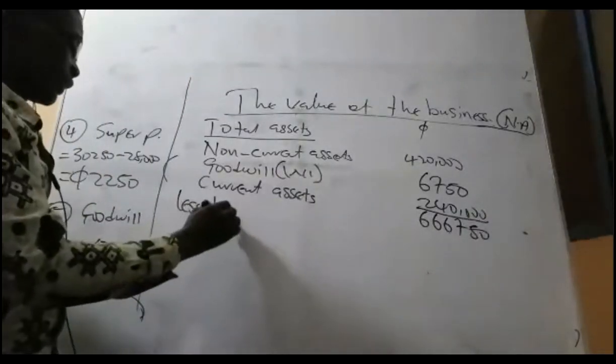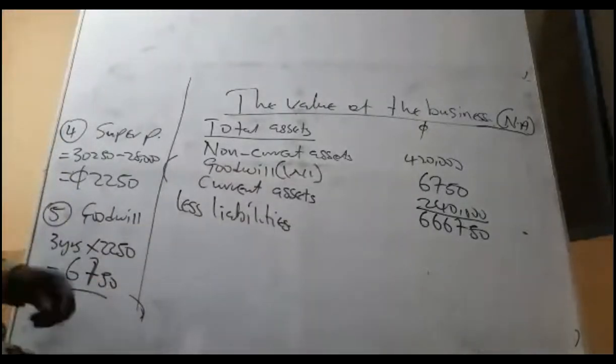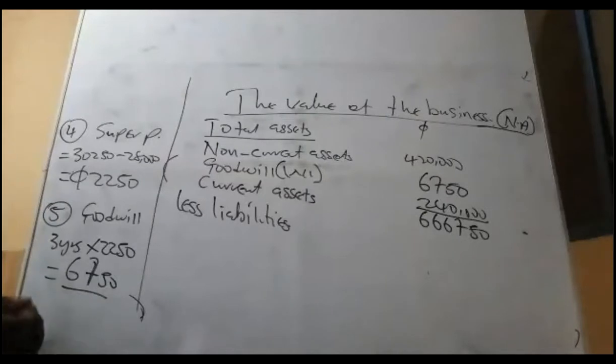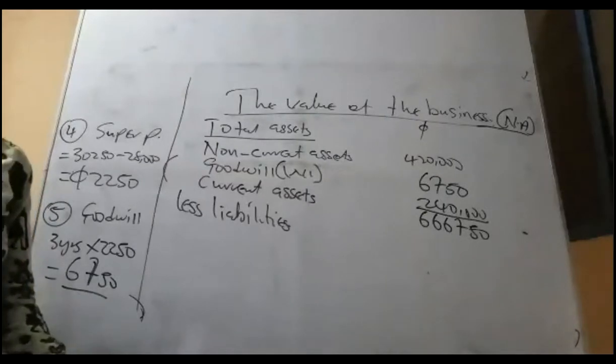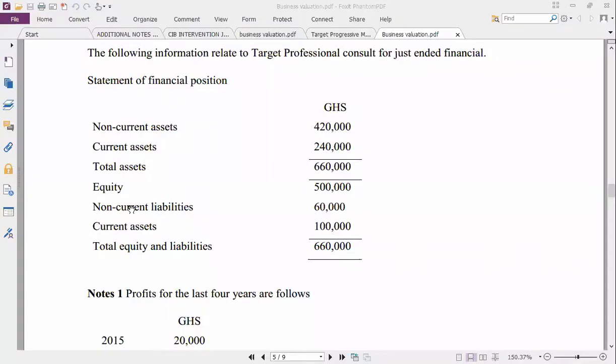Then it says less the liabilities. So what are the liabilities here? The liabilities are from the question. Non-current liability is 60. Current liabilities is what? 100. So 60 and 100.